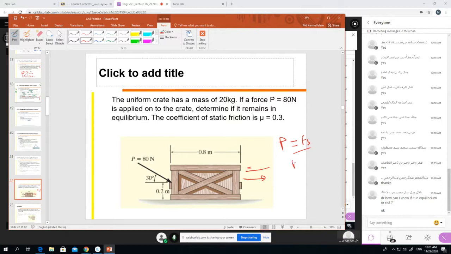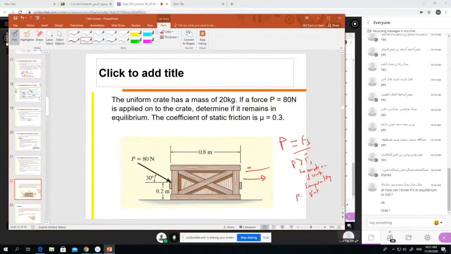If P is slightly increased, then it will be in motion, or it will just start. It is called impending motion.